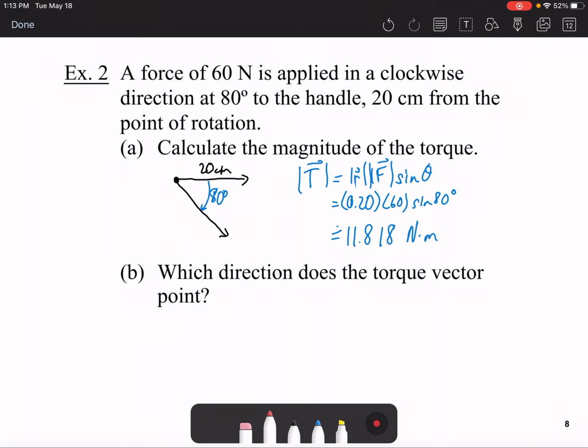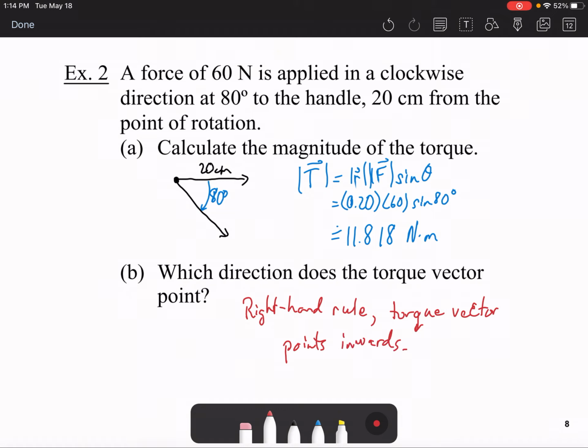Now, by using the right-hand rule, I can determine in which direction the torque vector points. So using the right-hand rule, the torque vector points inwards.